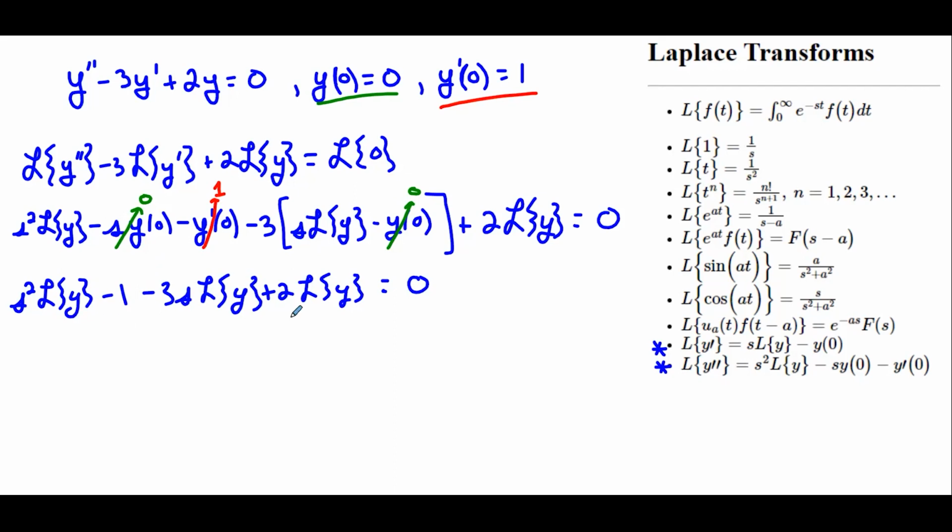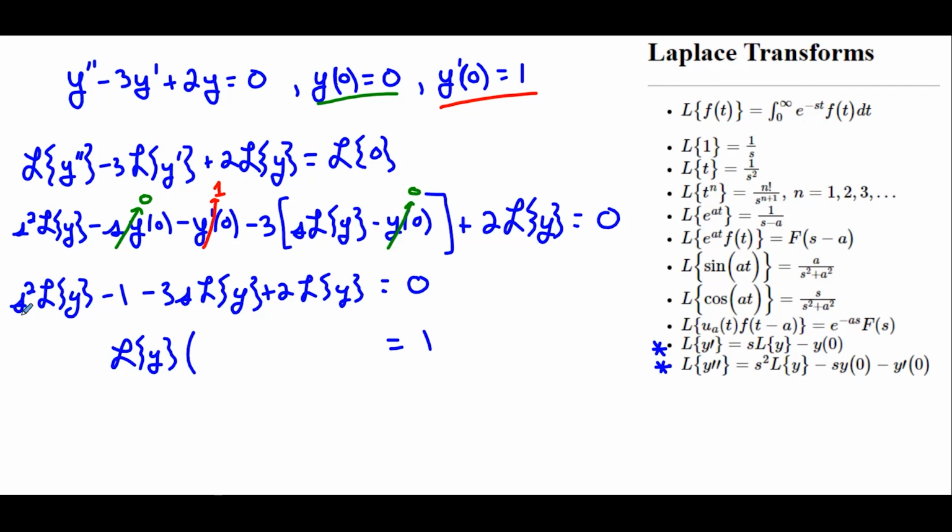Okay, at this point, you want to move everything to the right that does not have the Laplace transform of y as a factor of its term, okay? So I'm going to move this 1 to the right side. So I'm going to add 1 to both sides. And then from whatever's left, I'm going to factor out the Laplace transform of y.